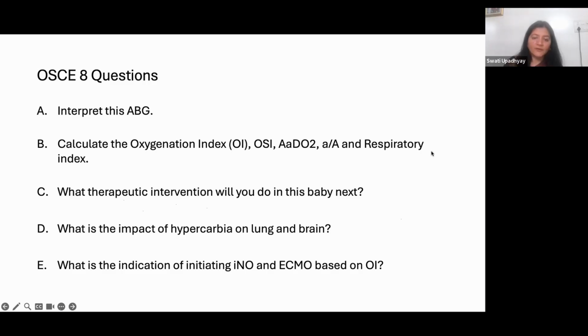Now, what would be the cutoff for initiating iNO and ECMO? As you have rightly said, OI of more than 15 to 20 for iNO, and OI more than 40 for ECMO would be the indications. Right. Yeah, thank you. As Swati has rightly pointed out, remember that your first step in severe respiratory problem or severe distress is to take care of oxygenation by correcting other things like anemia, circulation, electrolyte imbalance, and also pain.